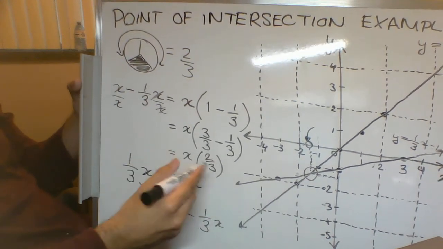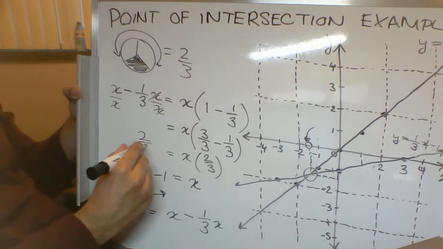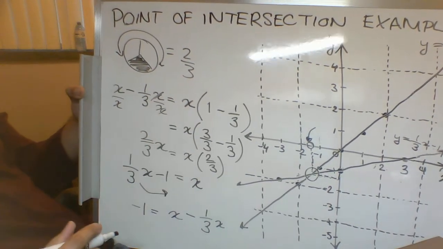And so then, we can rewrite x and then 2/3 in the brackets as 2/3 x, like that.